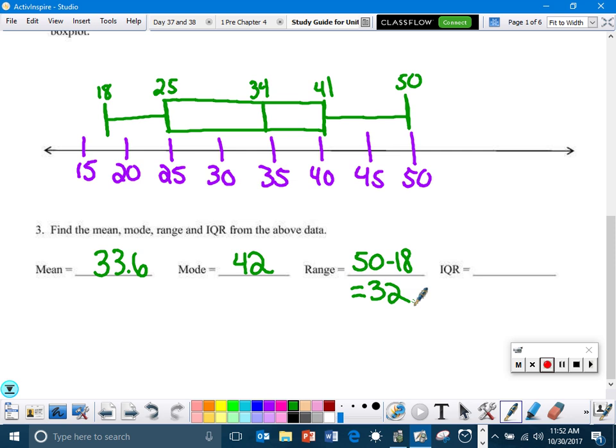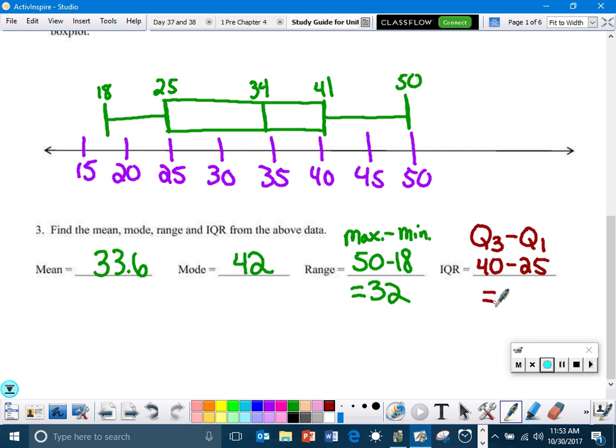Now, remember the IQR. Here, let me do this first. So I took the maximum minus the minimum. Now, for IQR, remember that means interquartile range. That's where we take Q3 minus Q1. And we have the display right above us. And you see that Q3 is 40 minus Q1, which is 25.